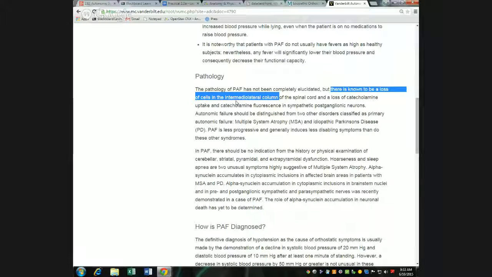Now, as an anatomist, I hate the word intramediolateral because it doesn't really mean a whole lot. Inter means between, and then mediolateral is 2 ends of a spectrum. So from midline to the side. And so they're saying somewhere in the middle to the side, there's loss of neurons.